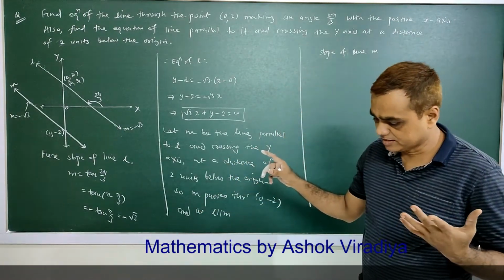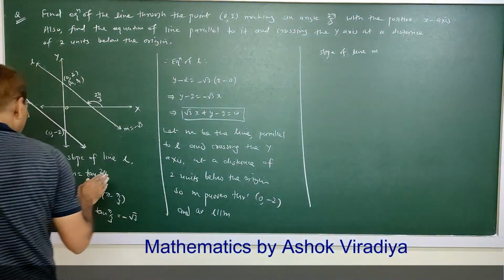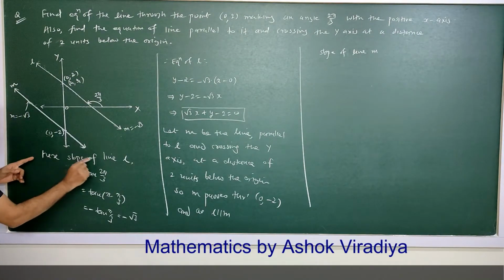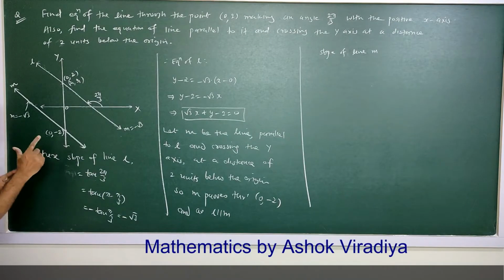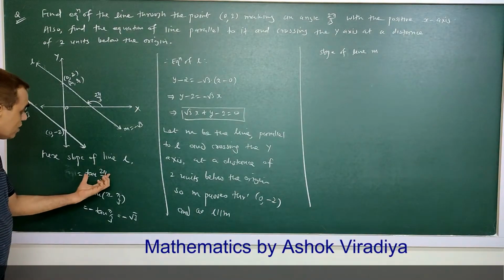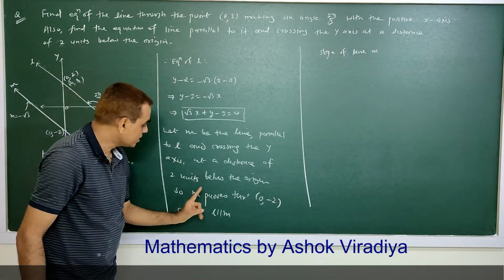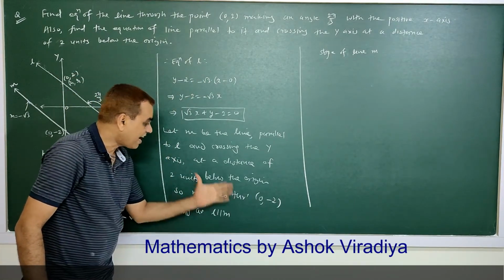So let me remove this symbol for slope. We say simply slope of line. I am removing small m. So this slope we are using here. So we can use small m for the line.